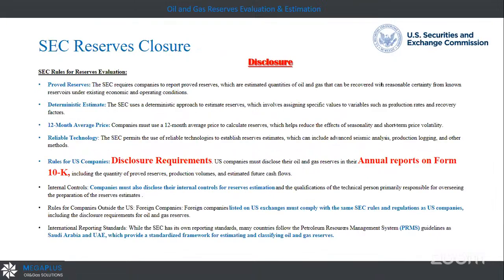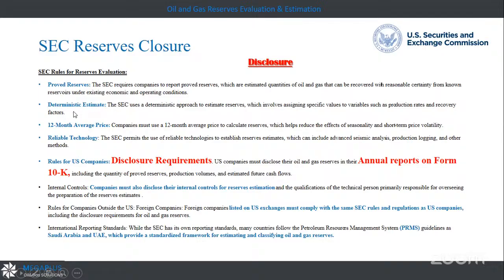So the SEC reserves disclosure depends on proved reserves, as you will see in the upcoming slide. They also deal with proven and probable reserves, but in the disclosure they put the proved reserves, developed and undeveloped.